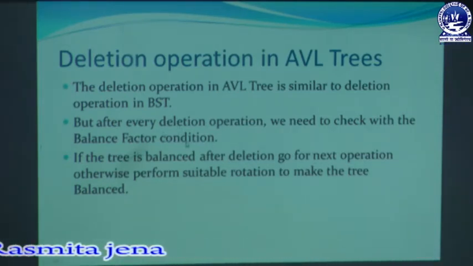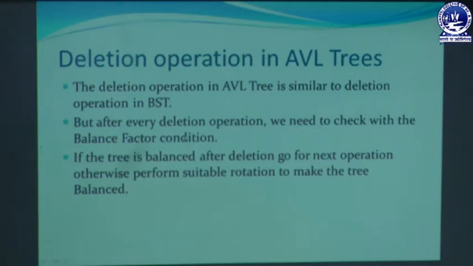In this way it differs from the binary search tree. In binary search tree we don't need any type of balance, but in AVL tree we need to balance the nodes by calculating the balance factor of each and every node present in the AVL tree.